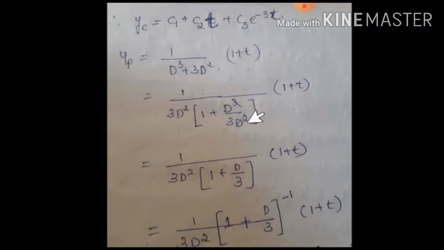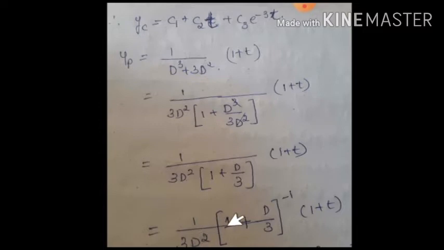Yes or no? 1 plus t as it is. Now when I simplify I will get D by 3 and write this denominator term as 1 plus x whole to the power of minus 1. Write this term in the numerator. So 1 by 1 plus D by 3 you can write as 1 plus D by 3 whole to the power of minus 1, into 1 plus 3D. Keep 1 by 3D square as it is.